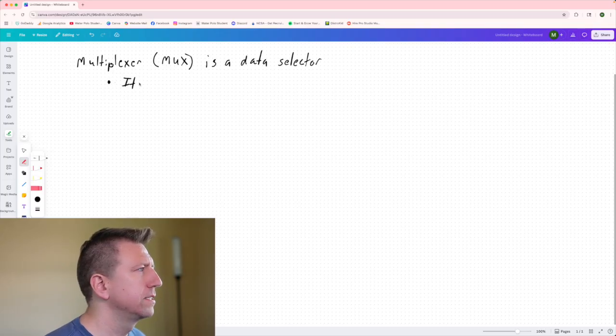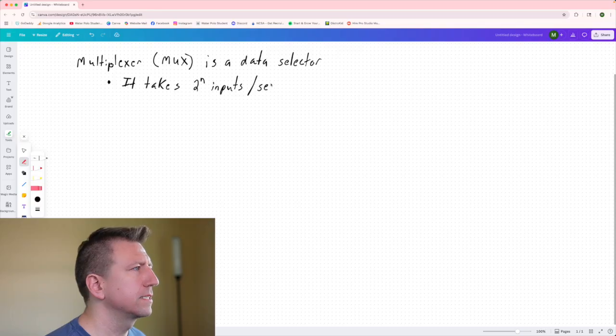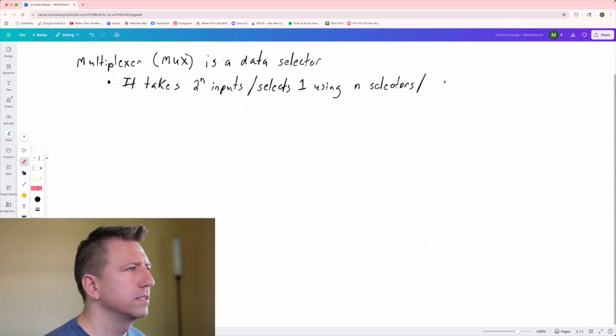So it takes 2 to the n inputs, and then it selects 1 using n selectors. And then there's only one output.